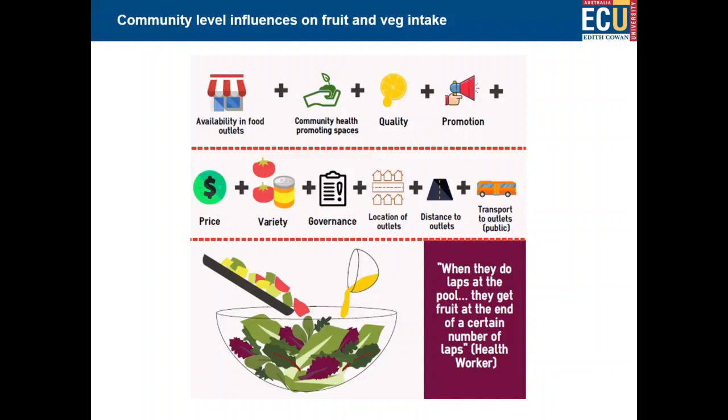When children did a certain number of swimming laps in the pool, they had fresh fruit as a little snack or a reward afterwards to help promote it and normalize the consumption of healthy food. So these kinds of places in the community could be ideal settings. Other things like community gardens were reported as good places for health education and provision of fruit and vegetables as well.